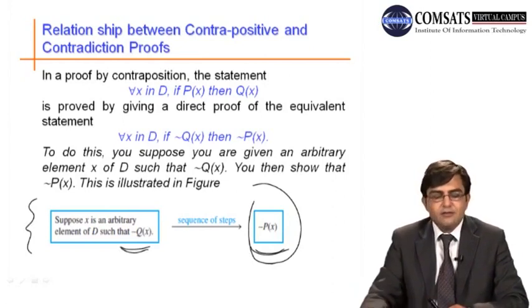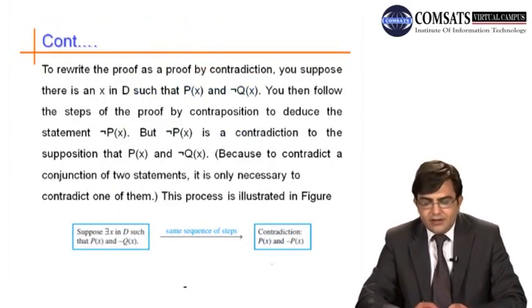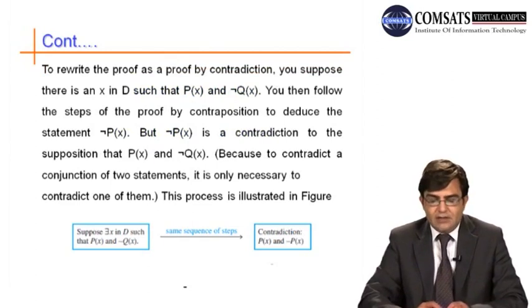Whereas in the method of contradiction, we suppose that p of x, the hypothesis in the conditional statement, is true, and we try to prove that not q of x is true, or that q of x is false.